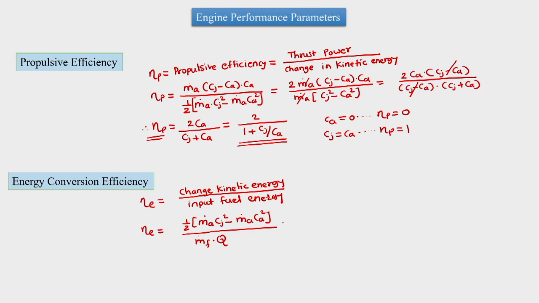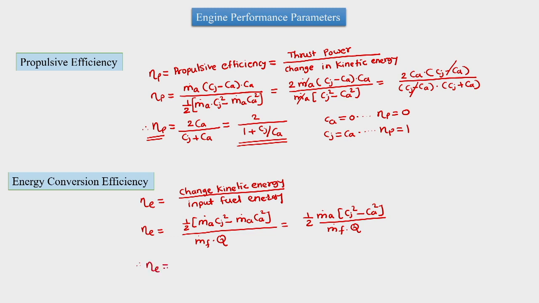So having known this, we can write this formula as m dot A into Cj square minus Ca square divided by m dot F into Q.